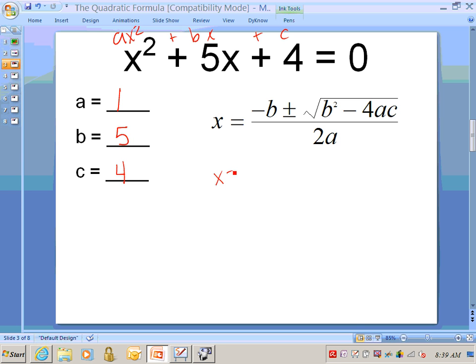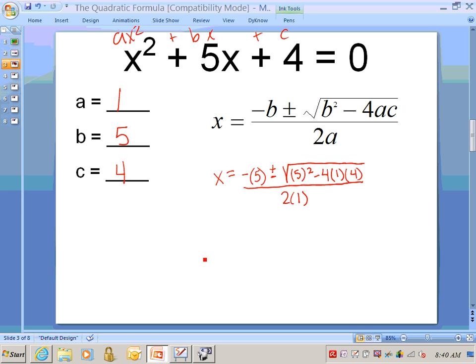So x equals negative 5 plus or minus, and you'll see, we'll write this up in a minute, square root of 5 squared minus 4 times a, which is 1, and times c, which is 4. Okay, and then we're going to put our big divide line under everything, and we're going to do 2 times 1.